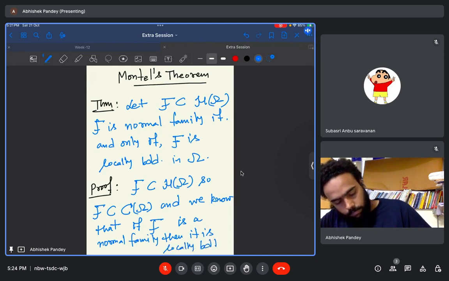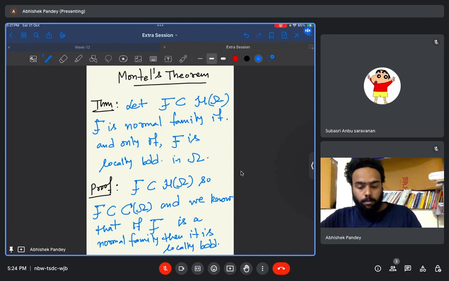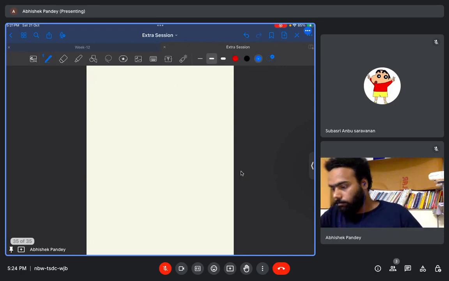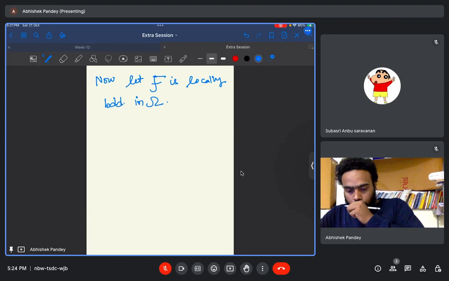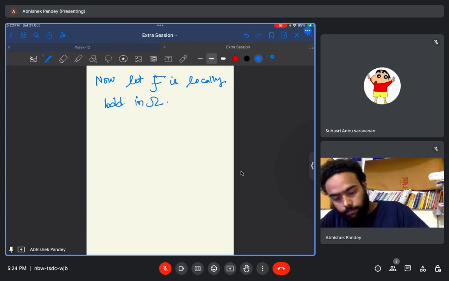So basically Montel's theorem is about the converse: locally bounded then normal family. Now let F be locally bounded in omega. So clearly F is pointwise bounded also.